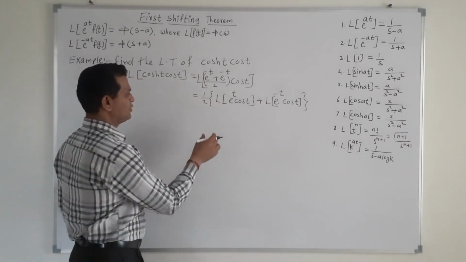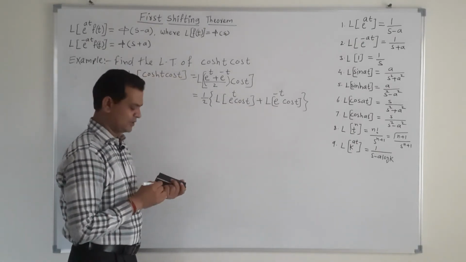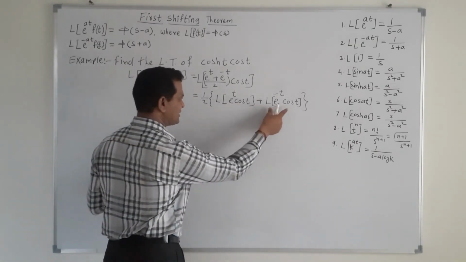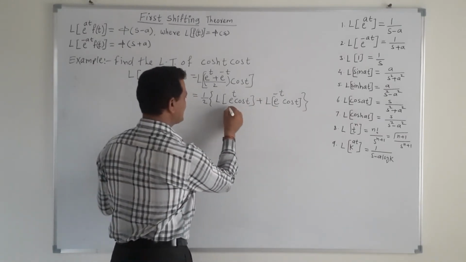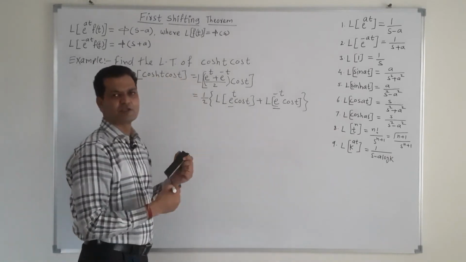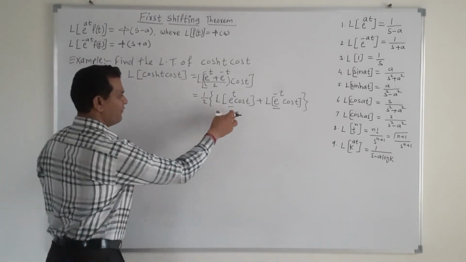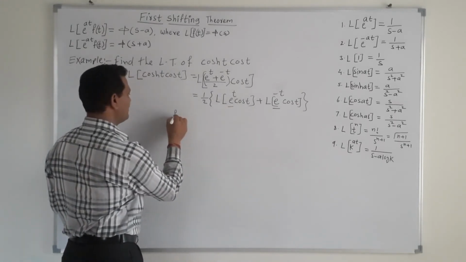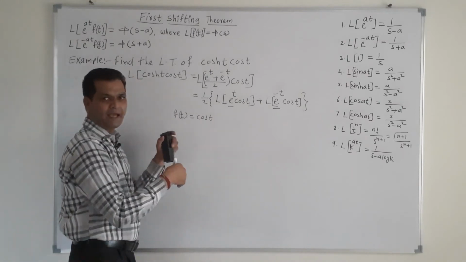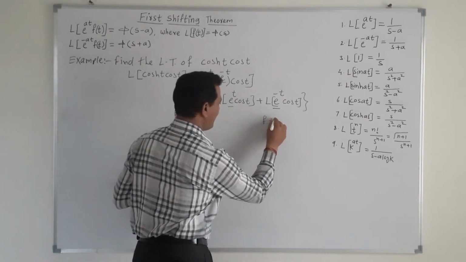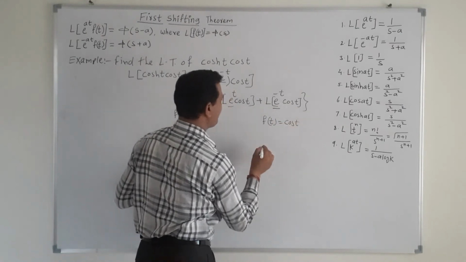These functions are the product of two terms, and one term is exponential, so the shifting theorem is applicable. For the first term, the value of f of t is cos t, and for the second term, f of t is again cos t.